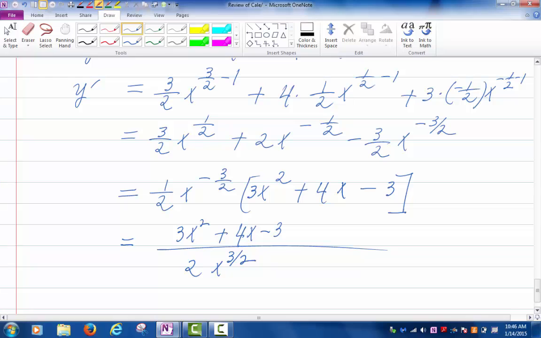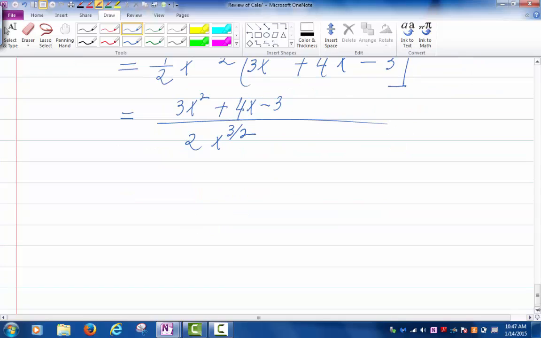So when you divide 3 half by half, you get a 3. All right, everybody's okay.